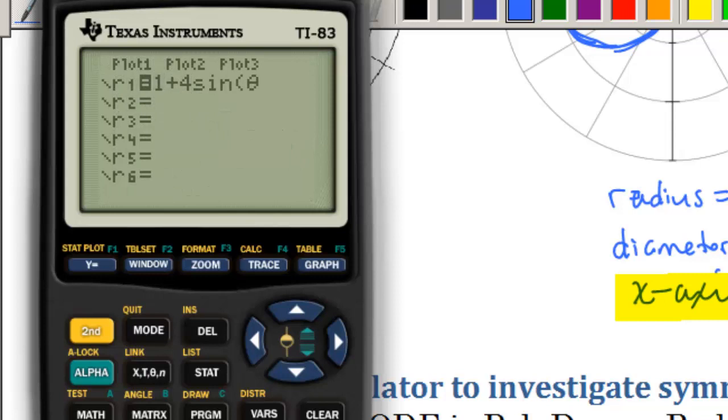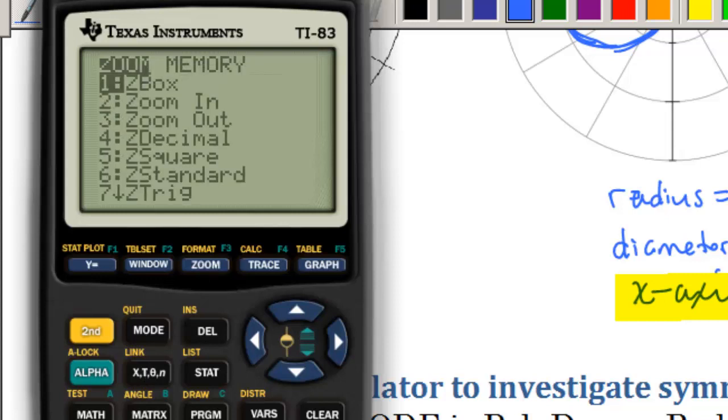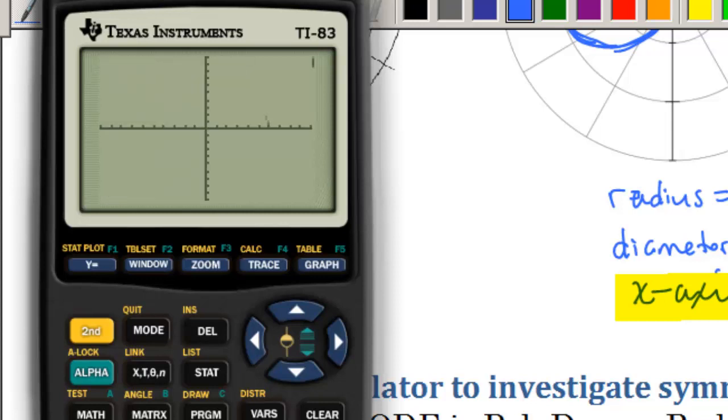Now let's go to y equals, and I'm going to clear what I have. So I just want to graph 3 plus 3 cosine theta. So if I go to zoom 6, which is the standard viewing window, let's see what I get. Okay, so I'm just going to kind of sketch that on my paper.